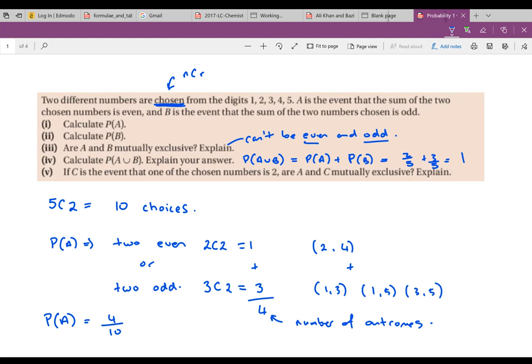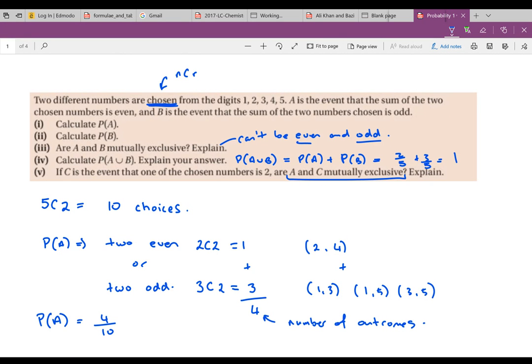Okay, so in this case, we have that A and C are not mutually exclusive, as there is at least one outcome that belongs to both A and C. So the answer would be no. Because one of the chosen outcomes is 2, can it also be even?